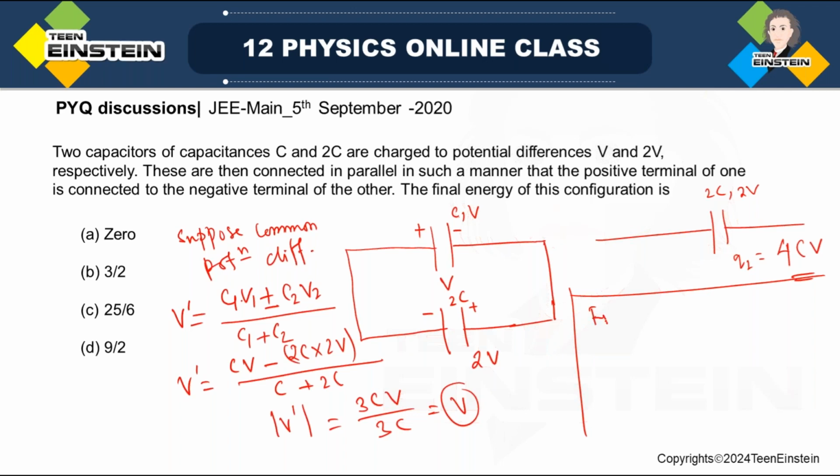Since they are connected in parallel, the equivalent capacitance will be 3C, that is for sure.